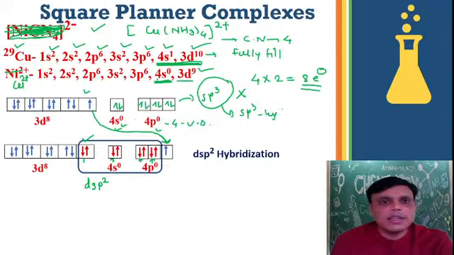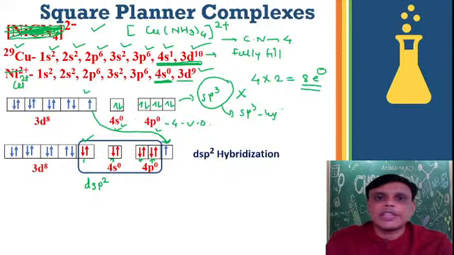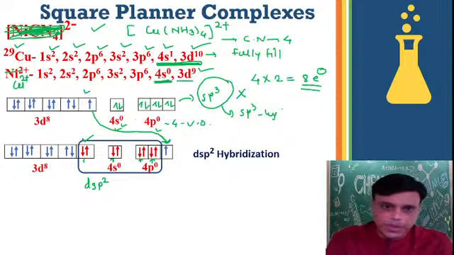So this is the major limitation of valence bond theory. Please remember this: [Cu(NH3)4]2+ will not be explained by valence bond theory. Valence bond theory does not explain the geometry and magnetic moment of this copper complex.